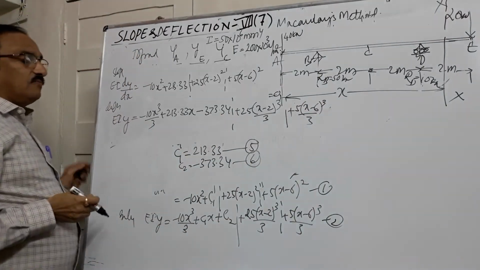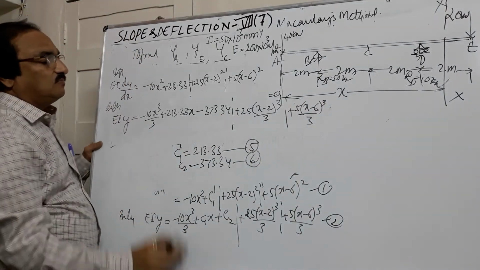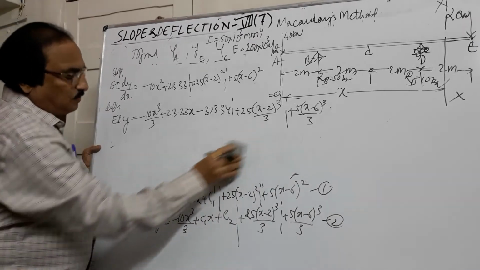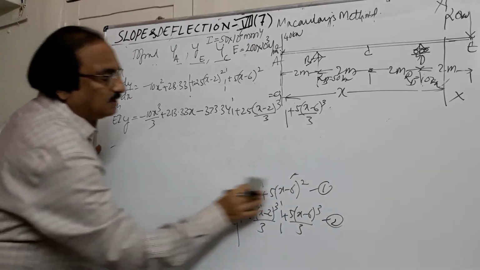You have got the slope equation, you have got the deflection equation. You can find out at any point how much is the slope and how much is the deflection.